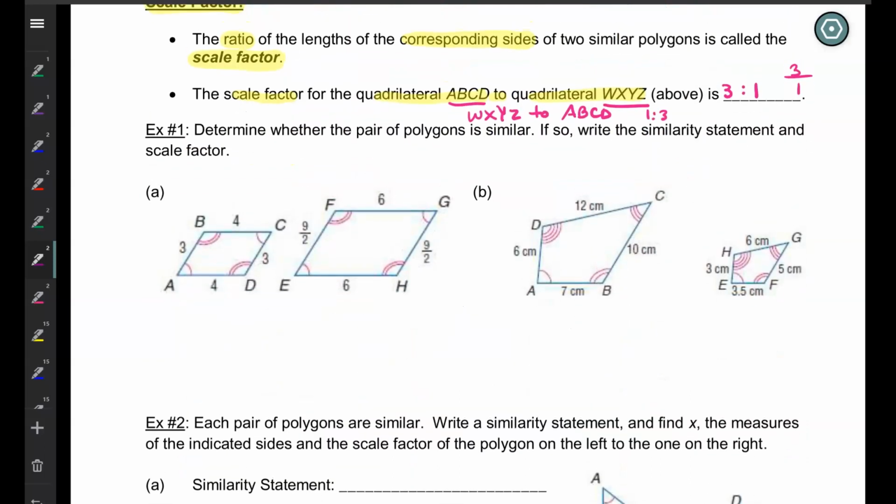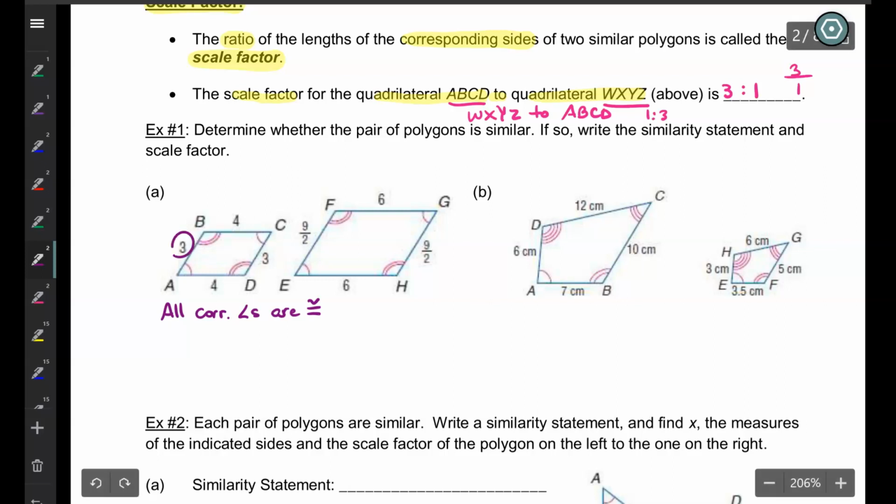Okay, so let's take a look. Here it looks like we have two polygons. First of all, we can see all the corresponding angles are congruent, so we don't have to show any work there. Let's compare the sides.